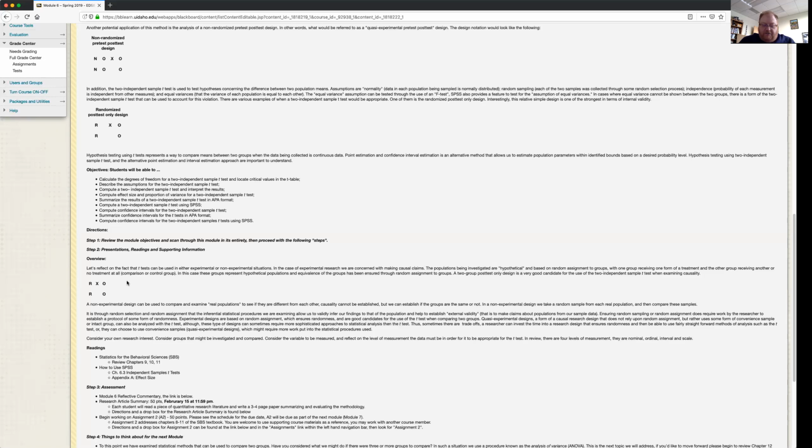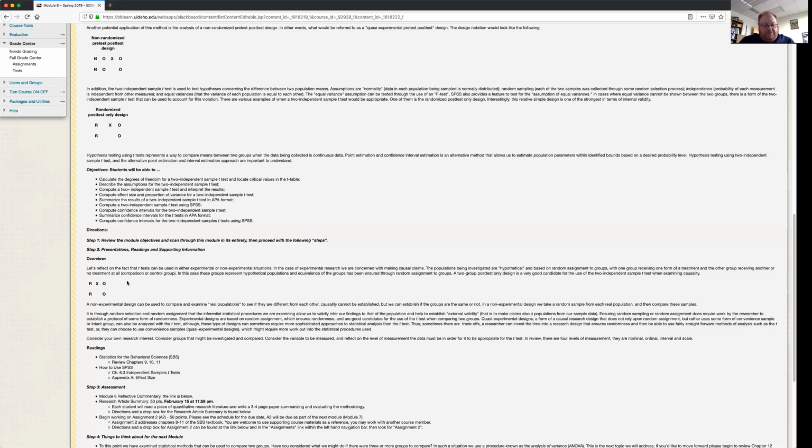Quasi-experimental designs, a form of a causal research design that does not rely upon random assignment, but rather uses some form of convenience sample or intact group, can also be analyzed with the t-test. Although these types of designs can sometimes require more sophisticated approaches to statistical analysis than the t-test.